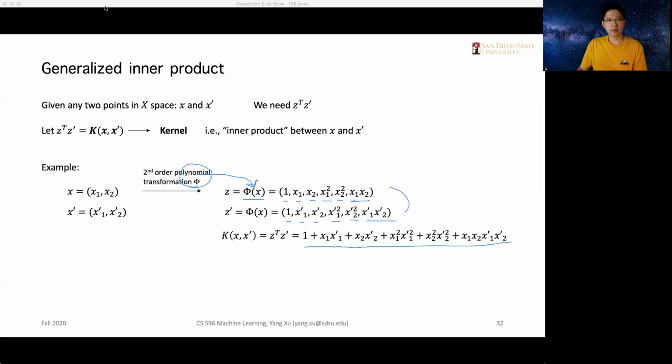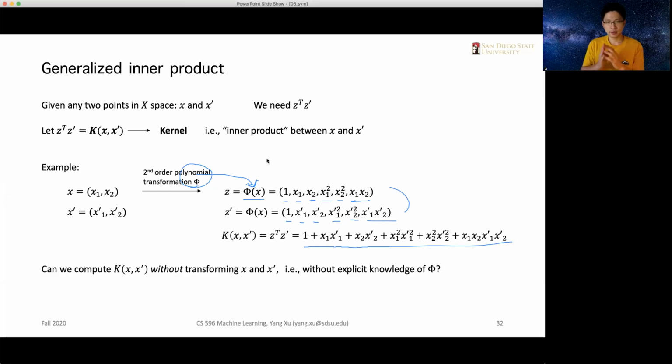And this is exactly an inner product that we want to use. So we can basically compute a kernel function without knowing the transformation.